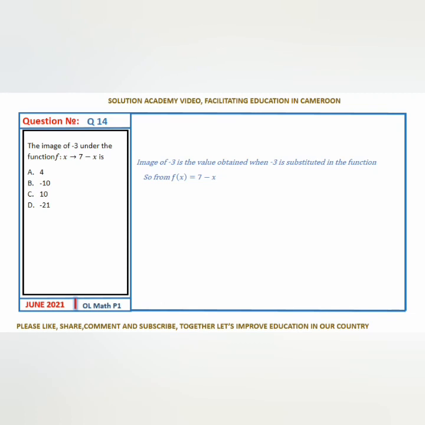So from f of x equals 7 minus x, if we substitute -3 in the position of x, we have 7 minus -3. When we see two negative signs together, it becomes a plus, so 7 plus 3. And our f of -3 is equal to 10. So our answer here is C.